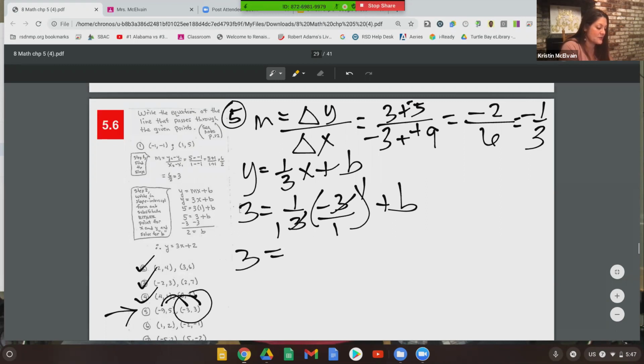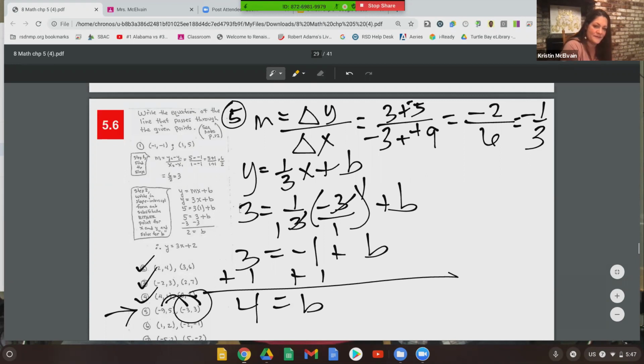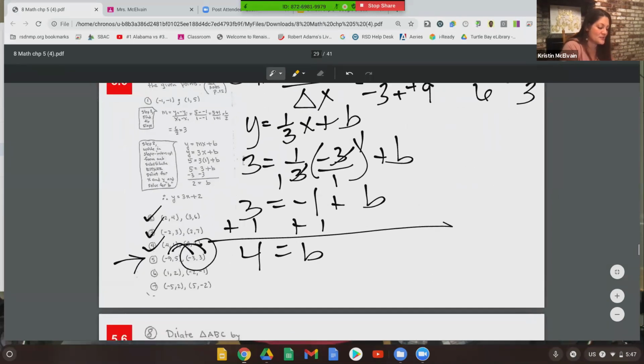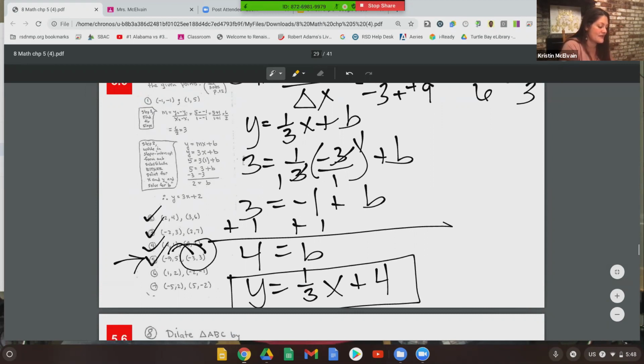Gives us 3 equals -1 plus b. Add the opposite to both sides, gives us 4 equals b. Now we can write our slope-intercept form, which is y equals -1/3 x plus 4. That is number 5.